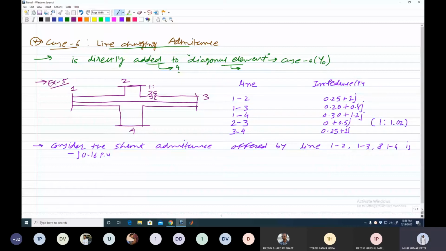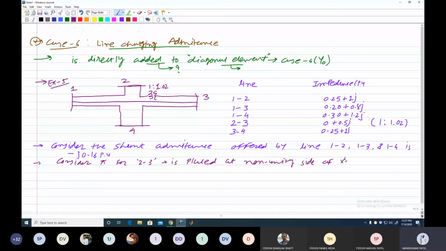Also, it is given that consider the transmission line model pi for line 2, 3 is placed at the non-unity side of the transformer.